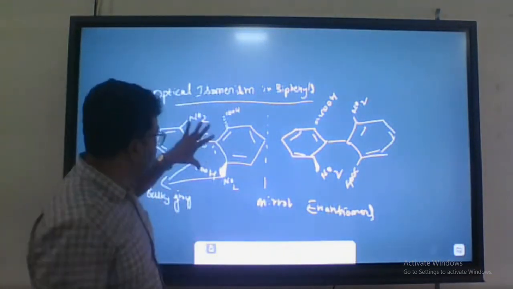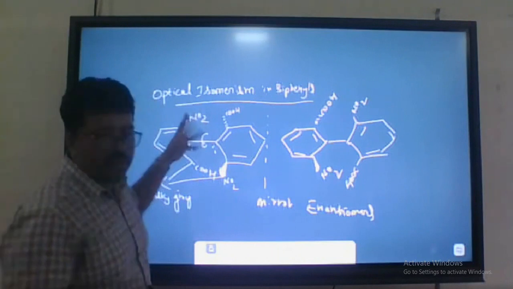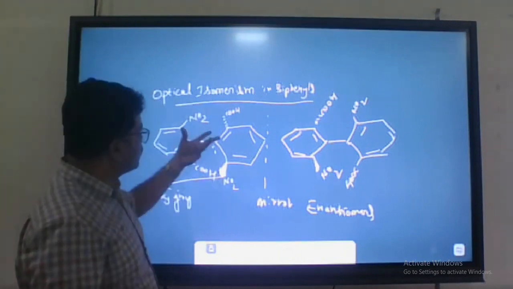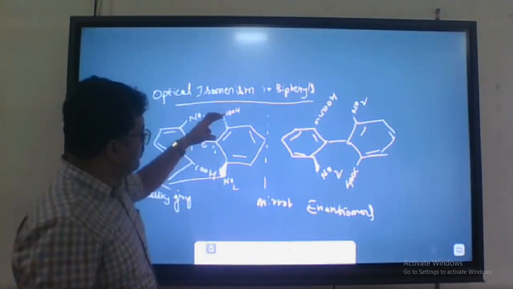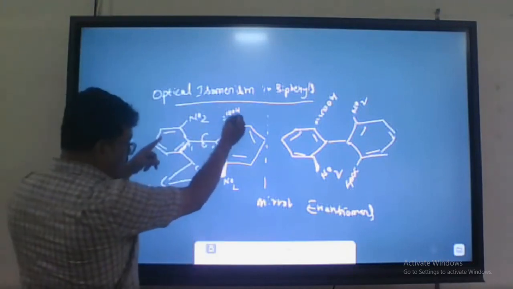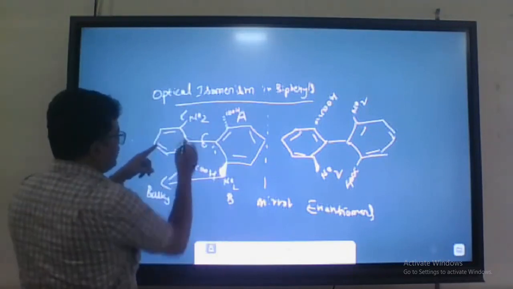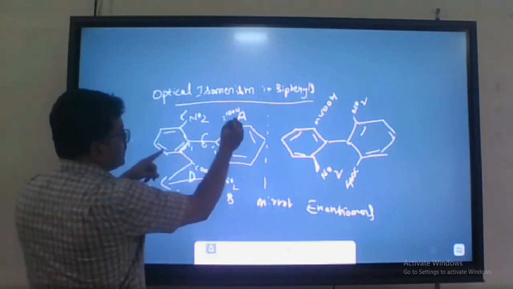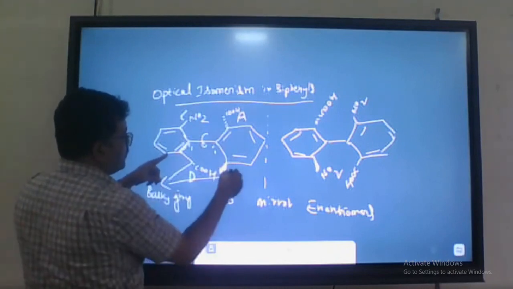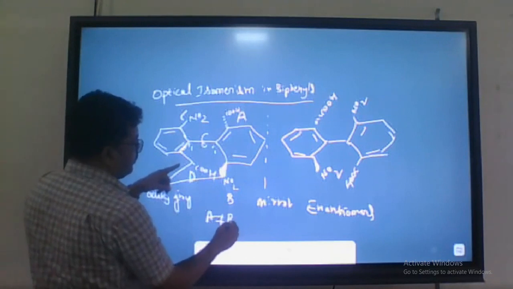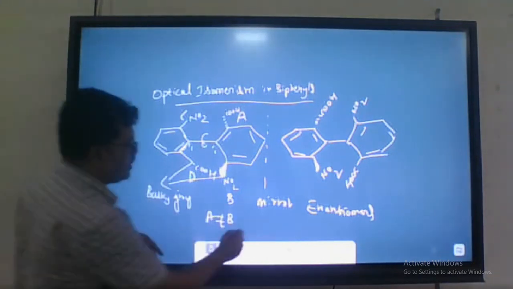Due to restricted rotation and bulkier groups, if this is A and this is B, with A being NO2 and B being COOH, if A is not equal to B, then it is chiral.